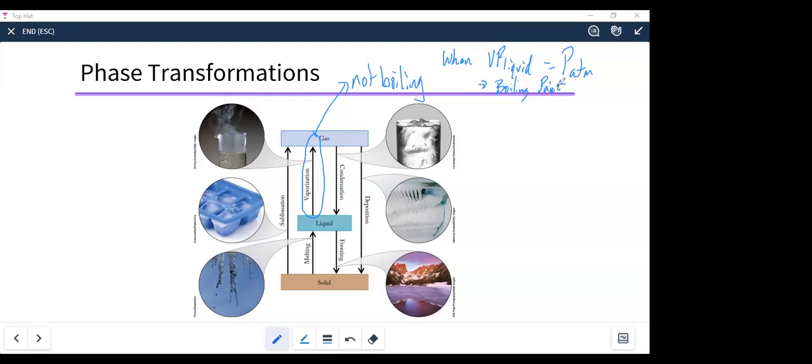I'll give you a perfect example. It rained this morning. When I got here, the parking lot was covered in water. Not much, but it was wet. There were also puddles of water in the parking lot. I look out there now, I don't see any of that. What happened to the water?